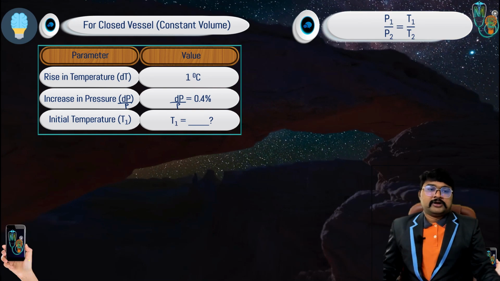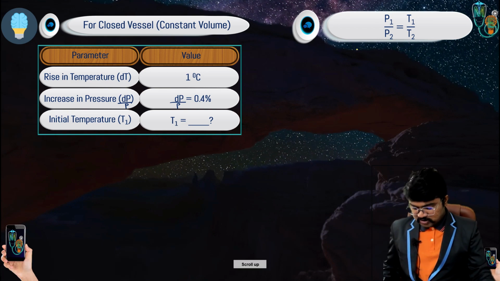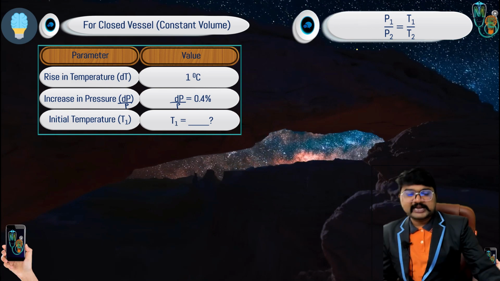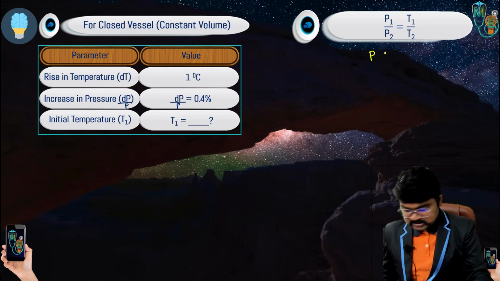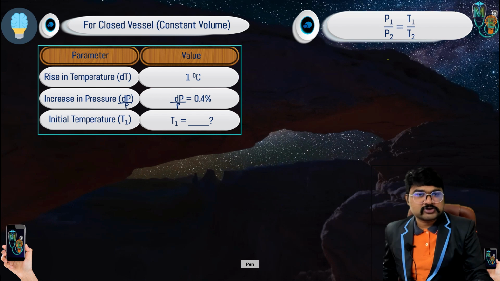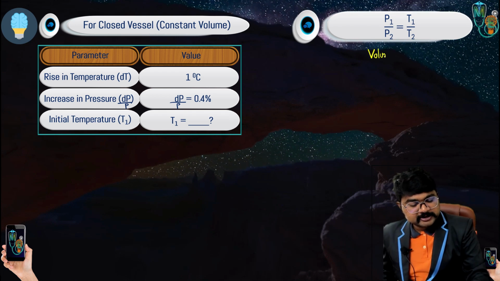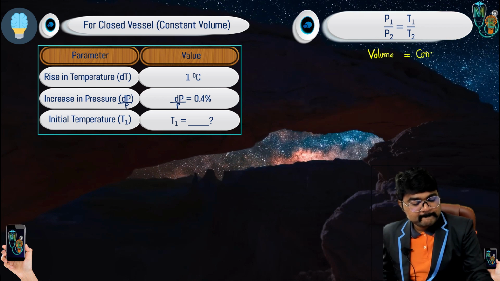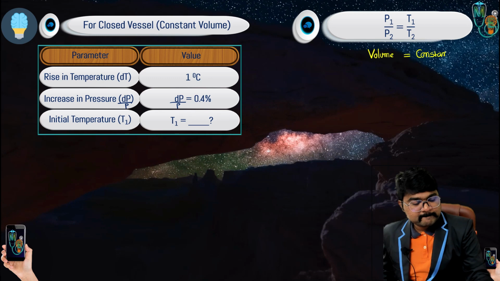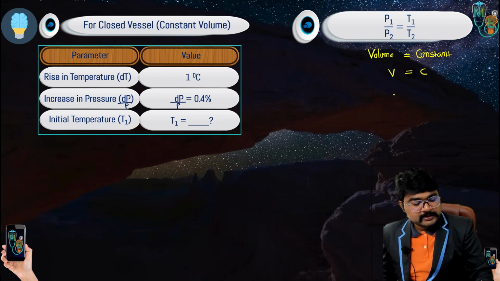Now tell me, constant volume means pressure is directly proportional to temperature. Here volume is constant, that means V equals constant.